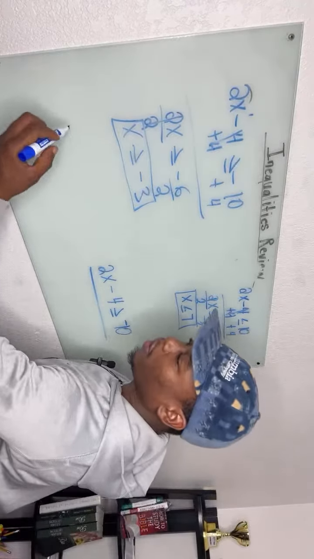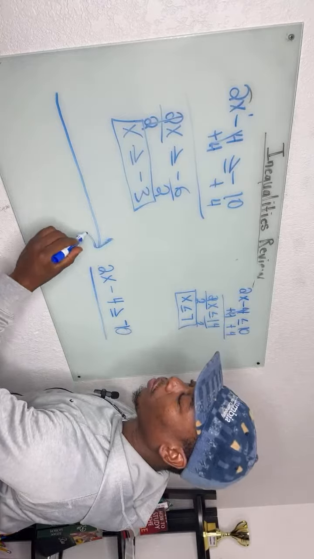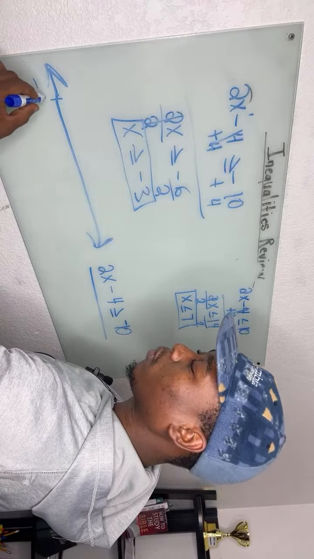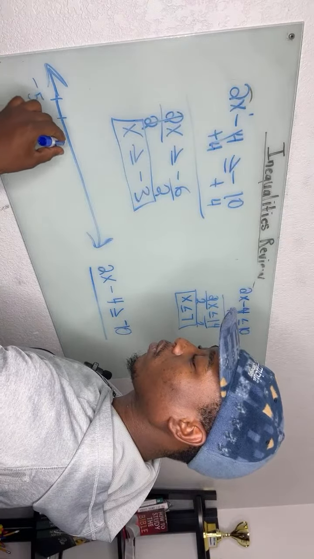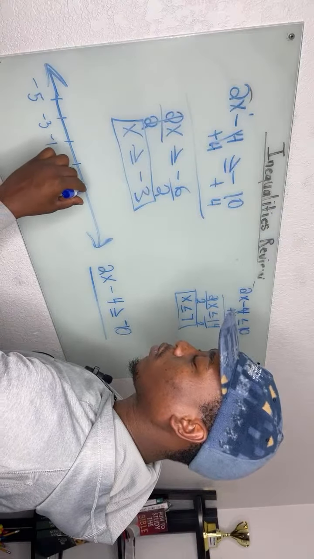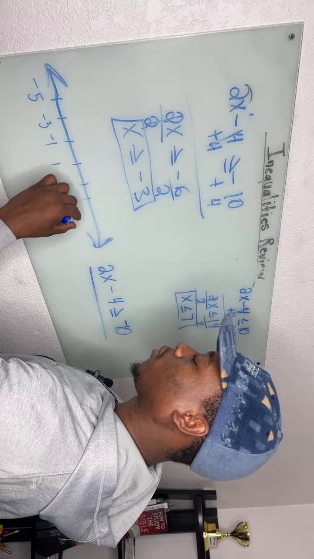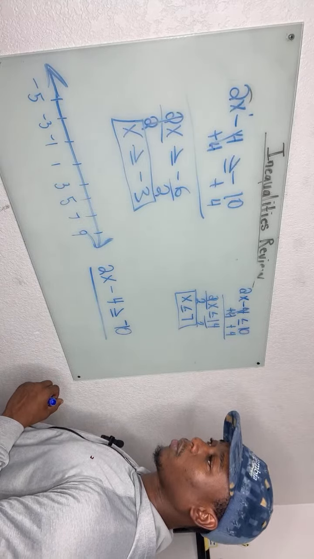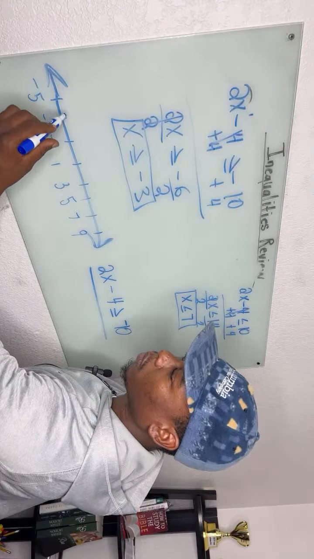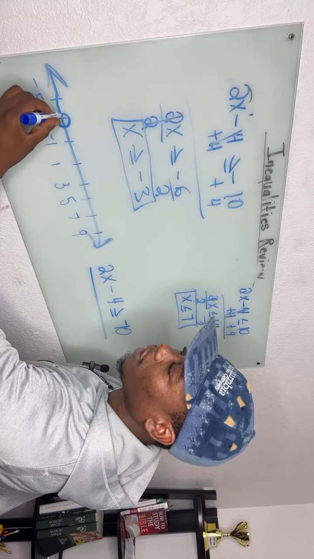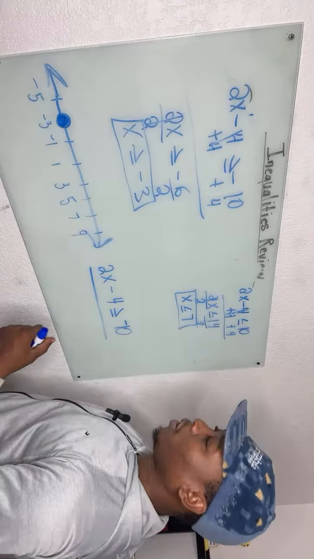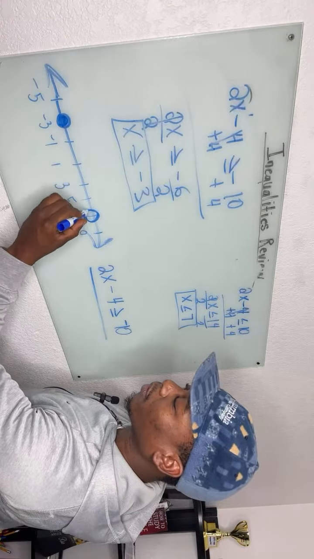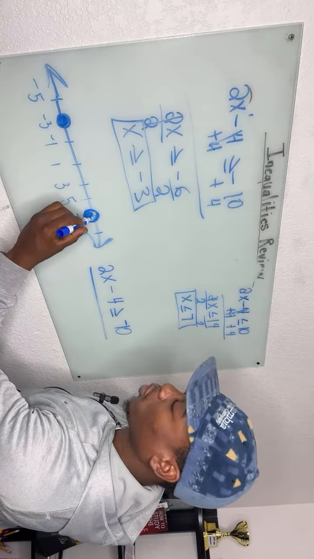All right. So now let's go through and graph our inequalities. We have x is greater than or equal to negative 3, so we know that is a closed circle, and x is less than or equal to 7, so this is also a closed circle.